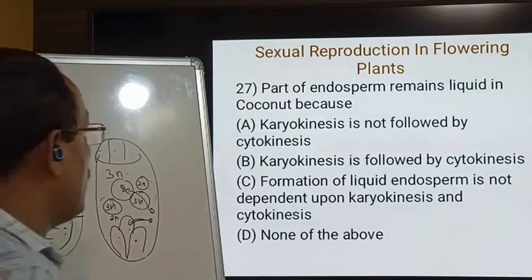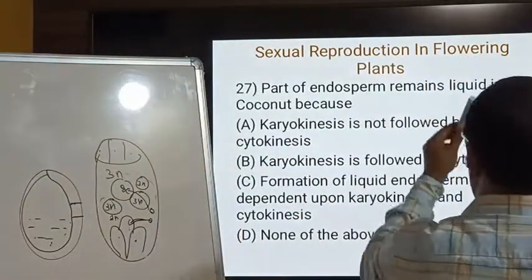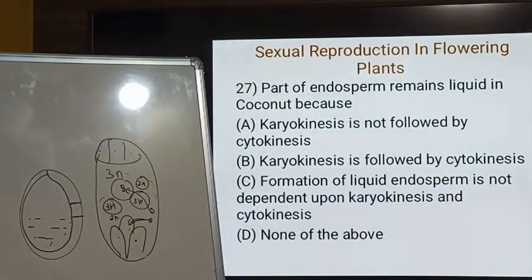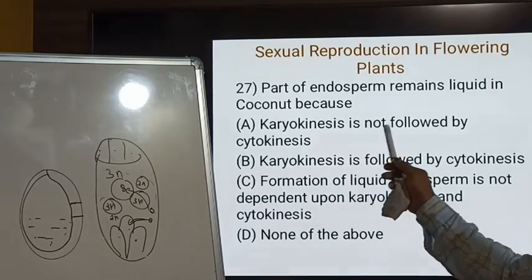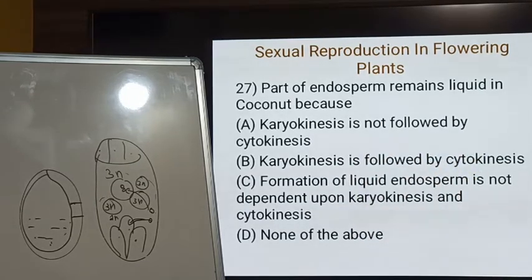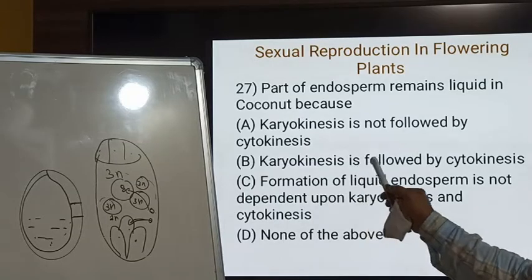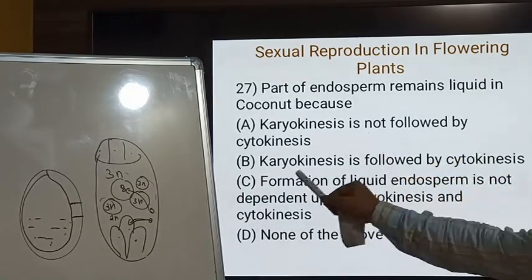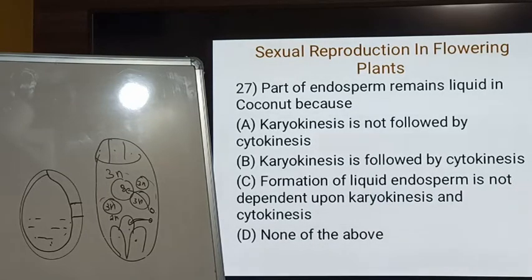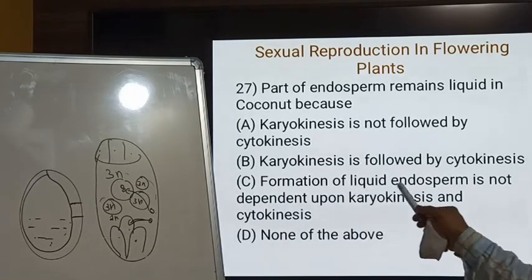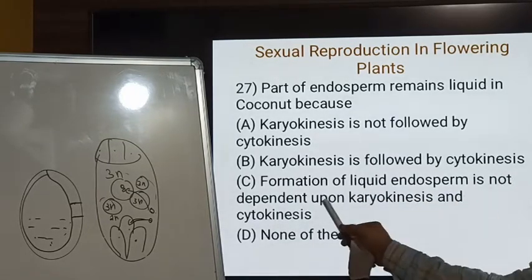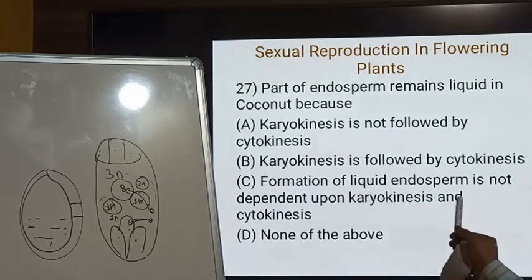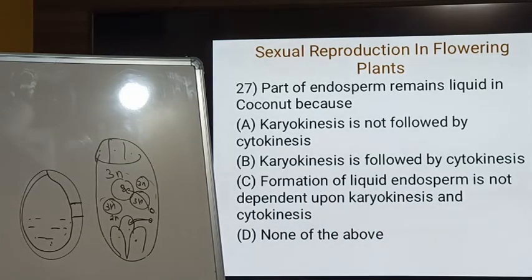So the question is, part of the endosperm remains liquid in coconut because: option 1, karyokinesis is not followed by cytokinesis. Option 2, karyokinesis is followed by cytokinesis. Option 3, formation of liquid endosperm is not dependent upon karyokinesis and cytokinesis. Option 4, none of the above.